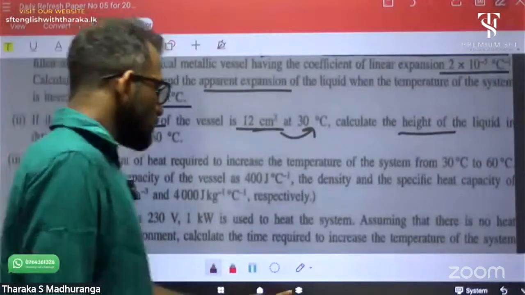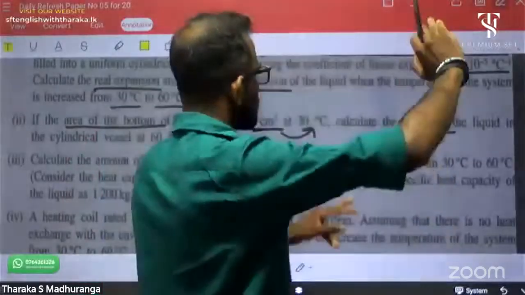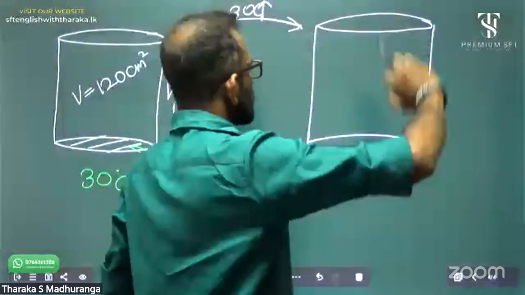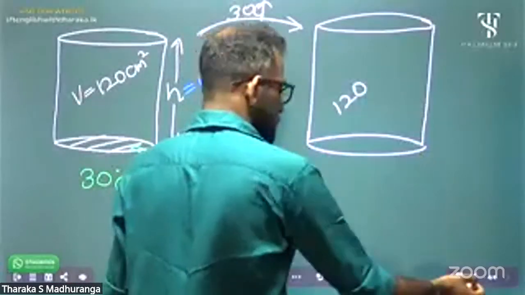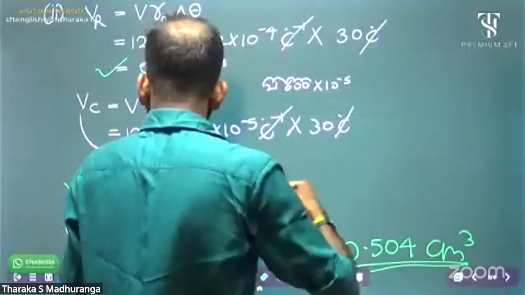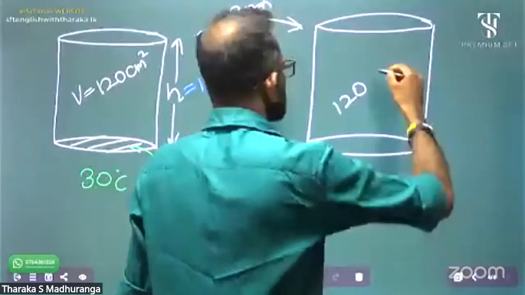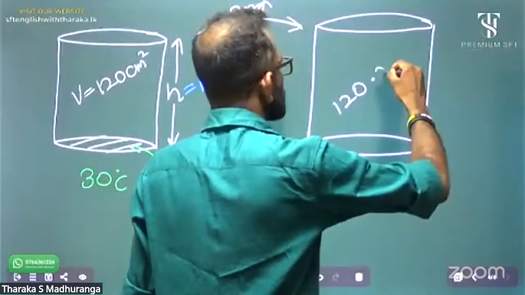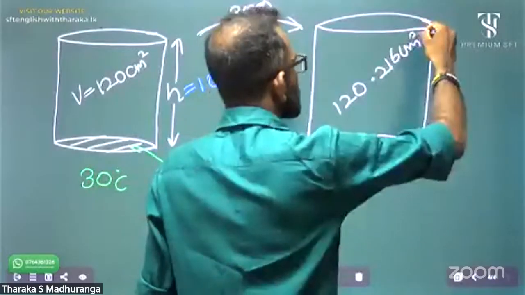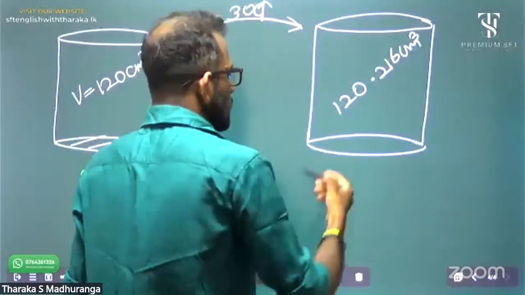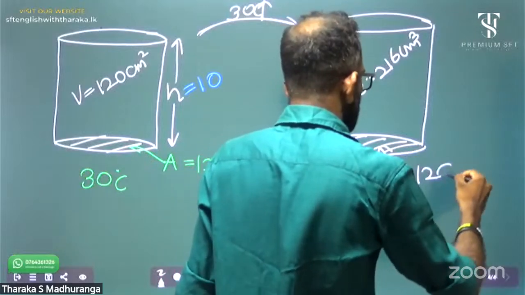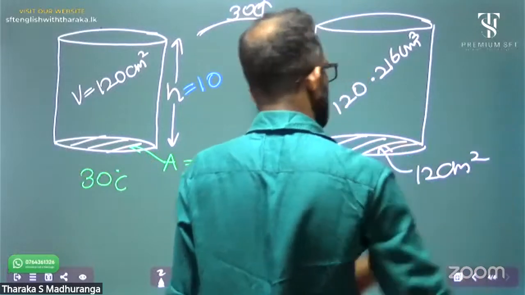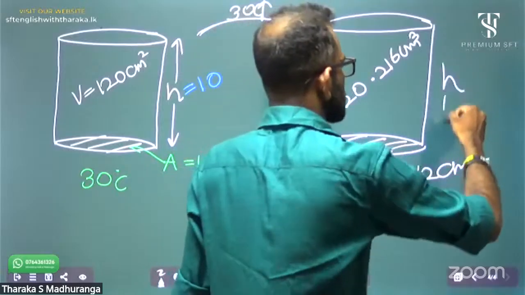The volume increased to 120.216 cubic centimeter. Now the cross section area is not changing, it's 12 square centimeter. Now the height is asked.